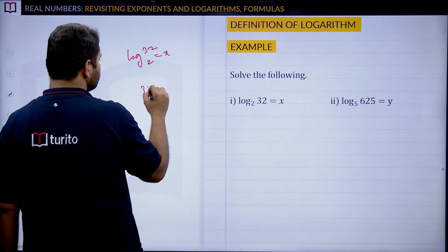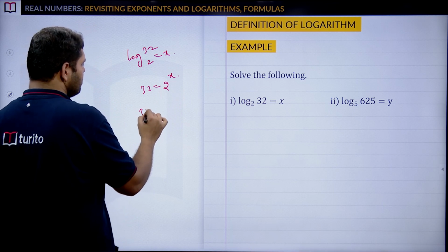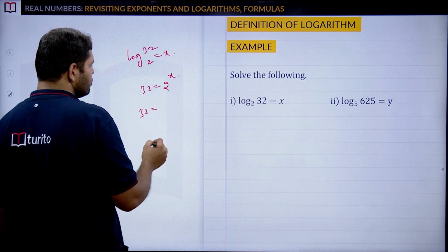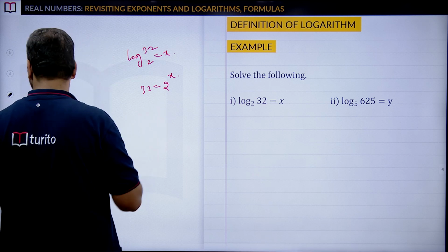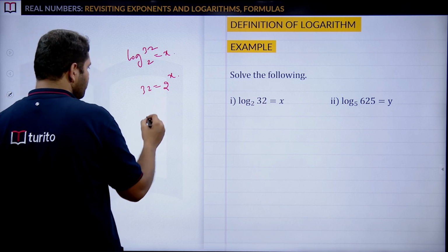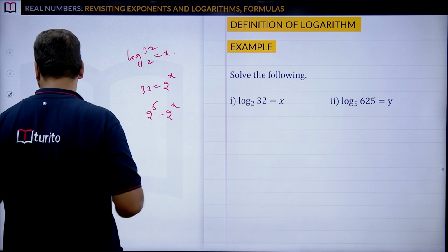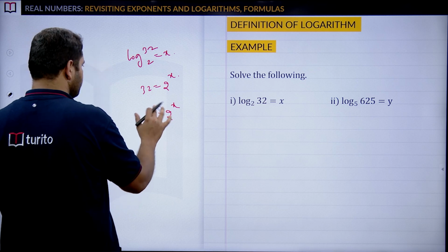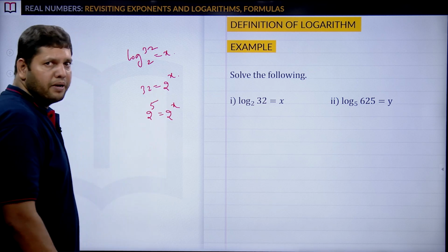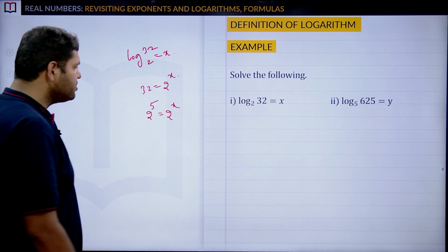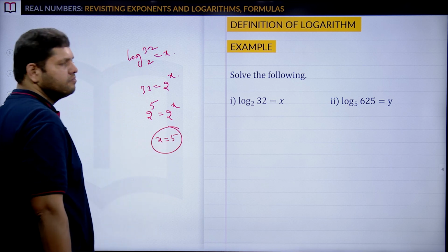So 32 is equal to 2 to the power of x. I am writing 32 as 2 to the power of 5, and this is 2 to the power of x. Now children, bases are equal, so exponents are also equal. So the answer is 5.